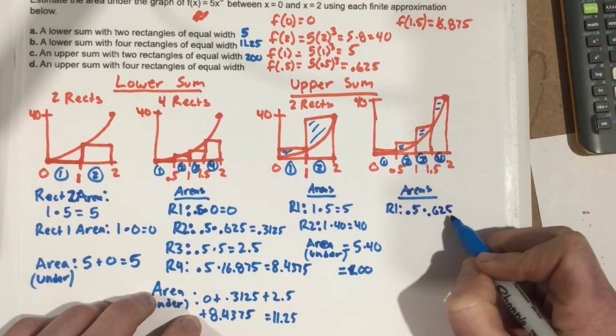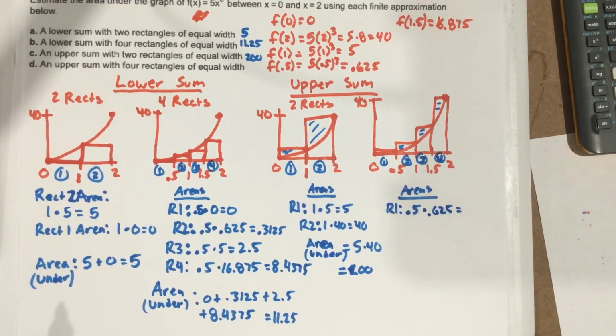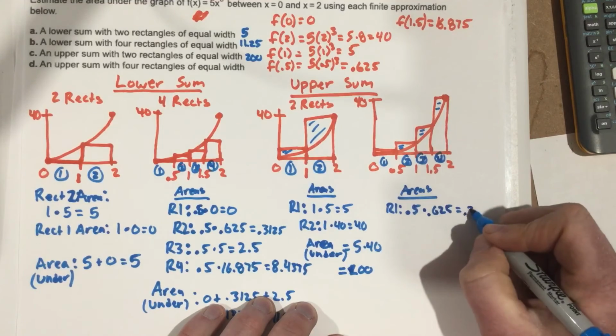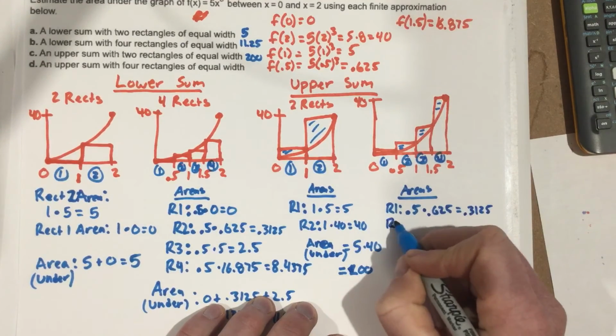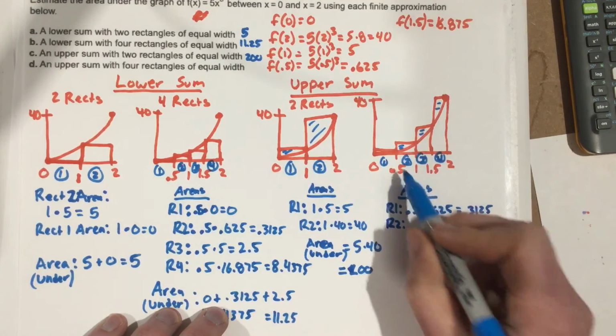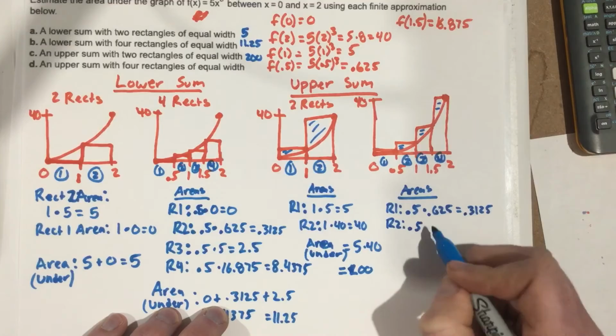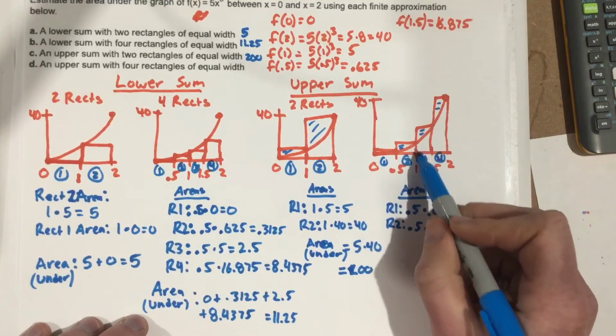And we know that that equals 0.5 times 0.625, which is 0.3125. So rectangle 2, we're going to have 0.5 for its width times, well, our height is going to be f of 1.